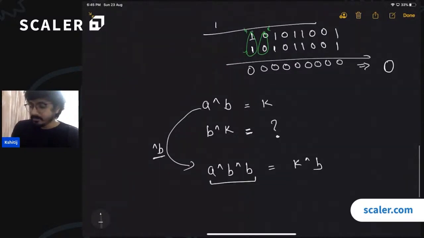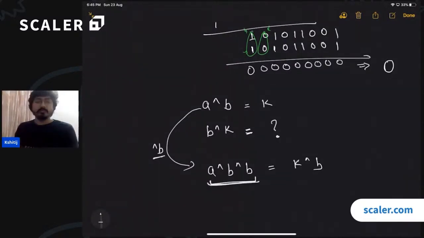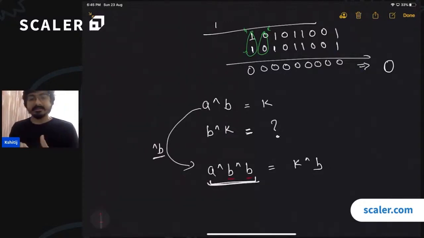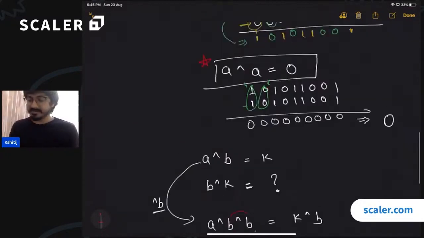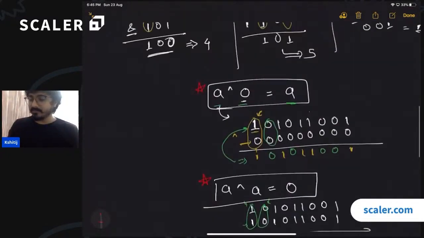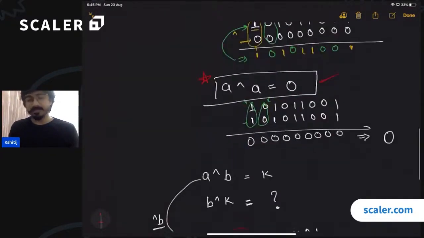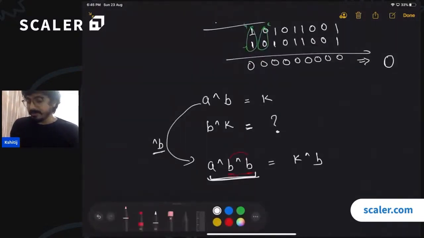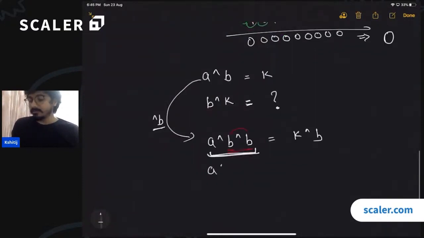Now, what can I say about this equation? A XOR b XOR b, right? So b XOR b, these two are exactly the same, so they will cancel out each other. We have just seen that a XOR a is going to be 0, so similarly, b XOR b is also going to be 0. I will be getting a XOR 0 equals k XOR b. What is a XOR 0?